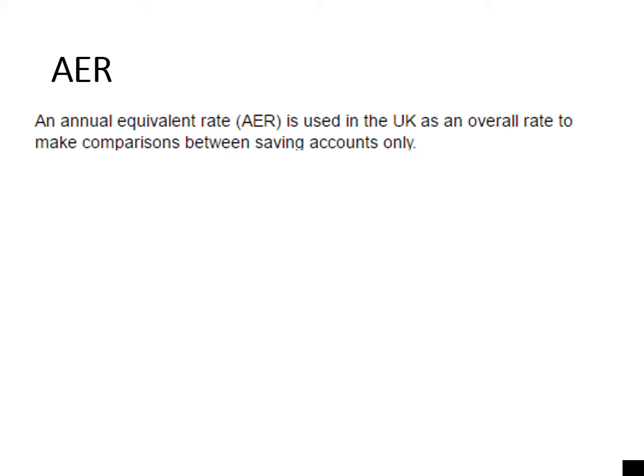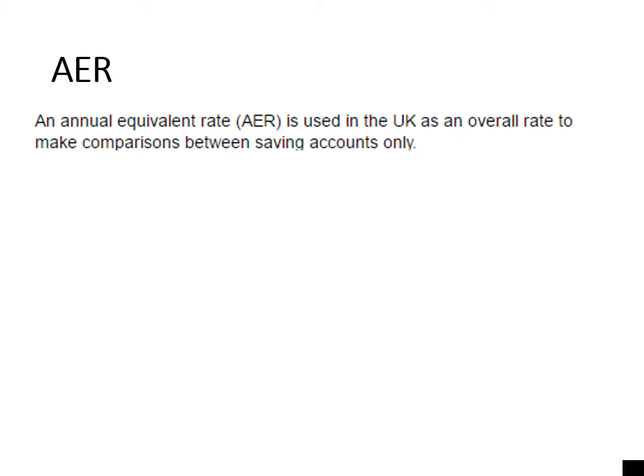Well, one scheme might offer you 3% per annum interest paid monthly, and another one might offer 3.1% paid quarterly. And those are actually two slightly different things, but the 3% and the 3.1% can't be compared directly because they're paying interest over different periods.